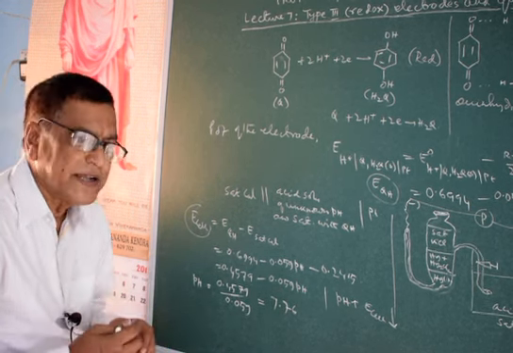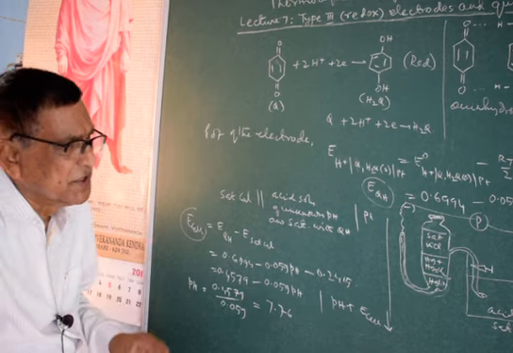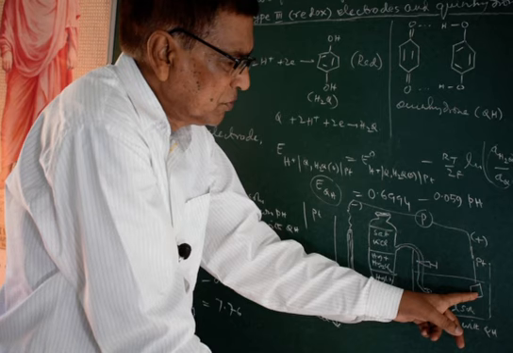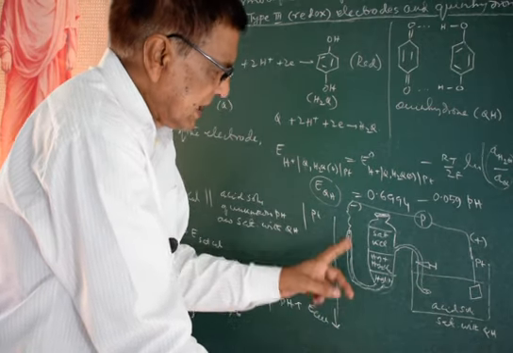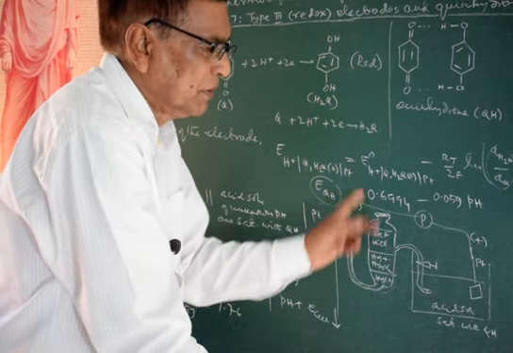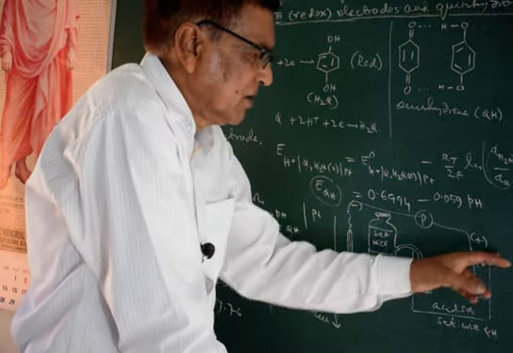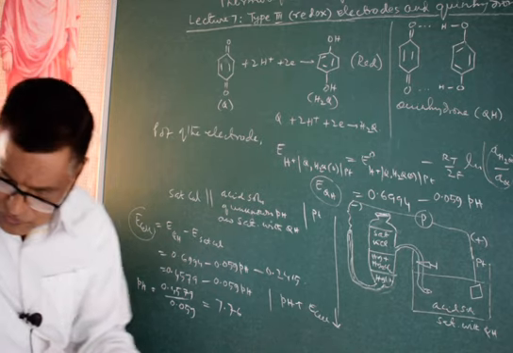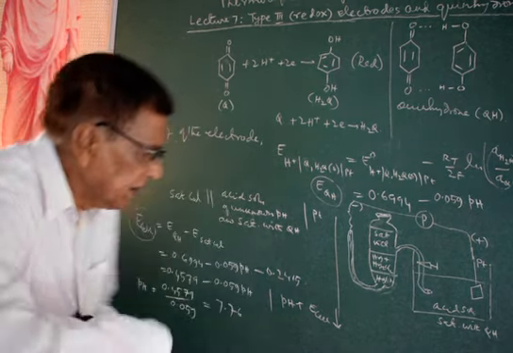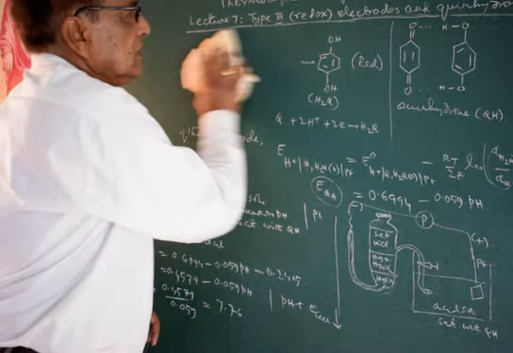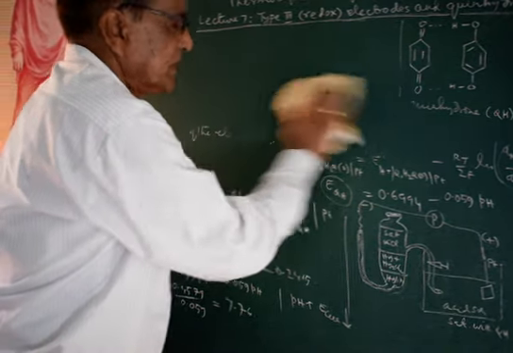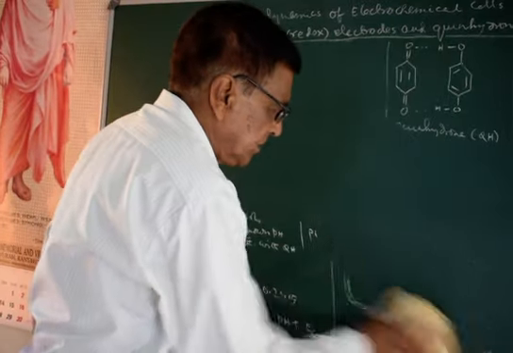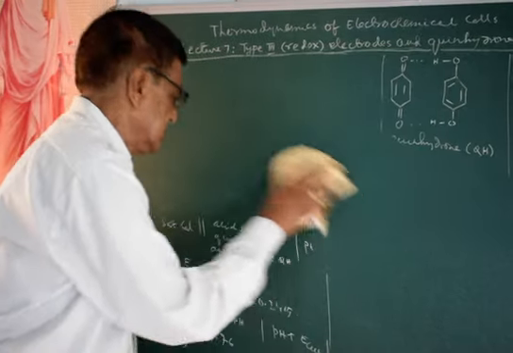So in that case, the cell setup is to be reversed, meaning this quinhydron electrode is to be placed in the anode, and this saturated calomel is to be placed in the right hand side, or the cathode. And this is the widely used electrode to determine the pH of these solutions.